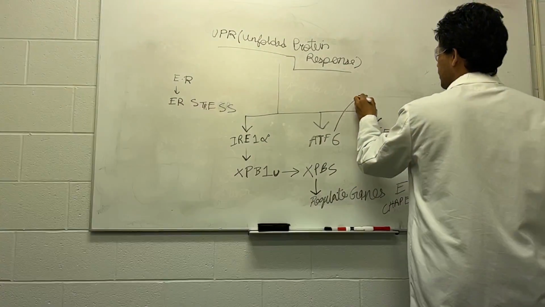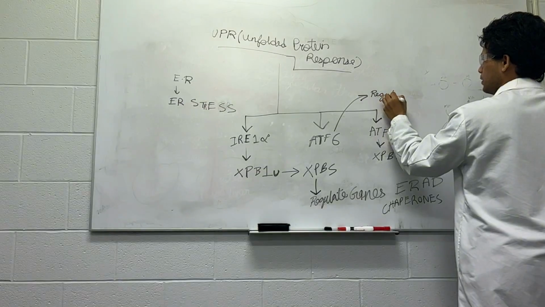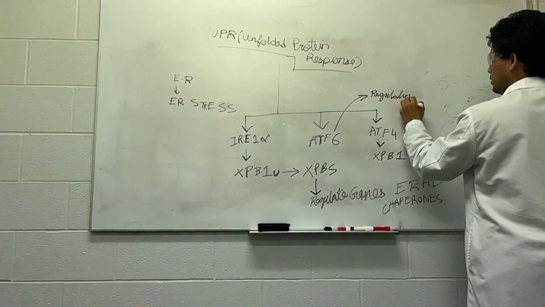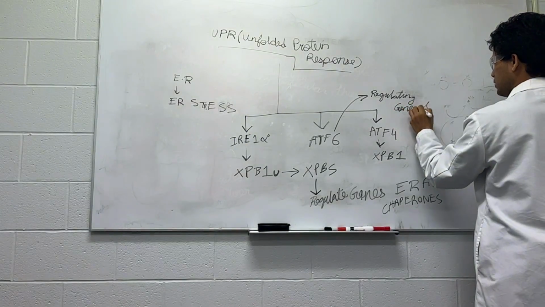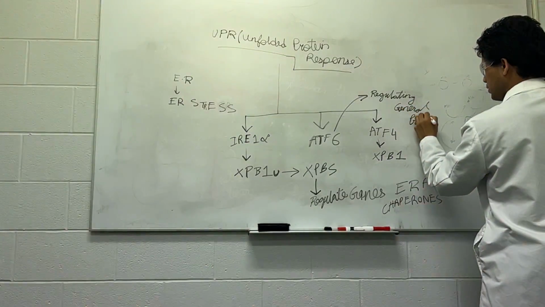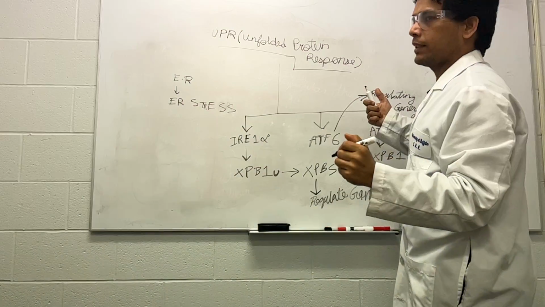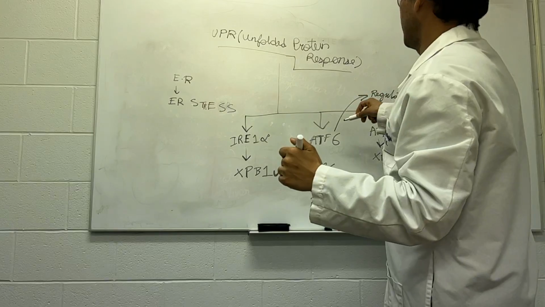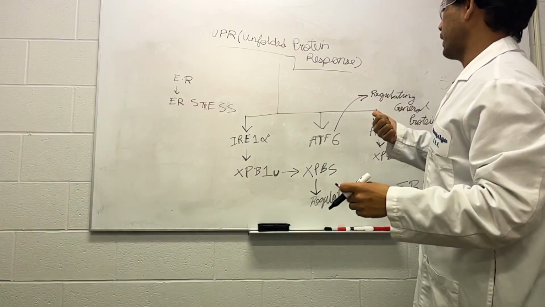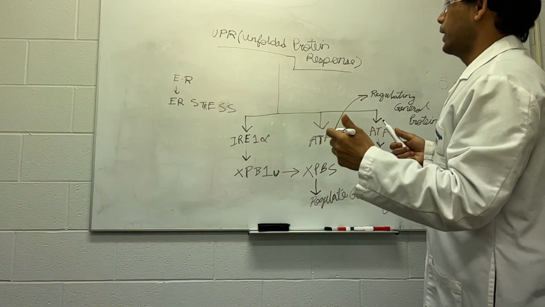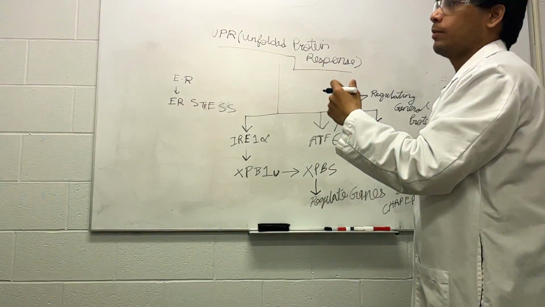ATF6 helps in regulating general proteins. The proteins that are not necessary at this moment, it will try to reduce the translation of those proteins. So the amount of proteins that come inside the endoplasmic reticulum will reduce.